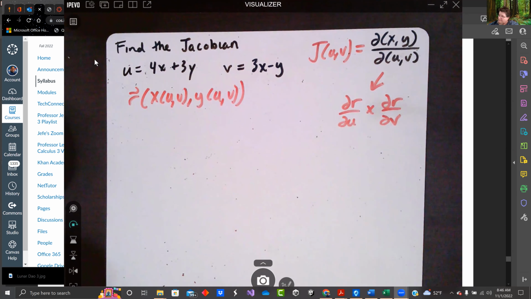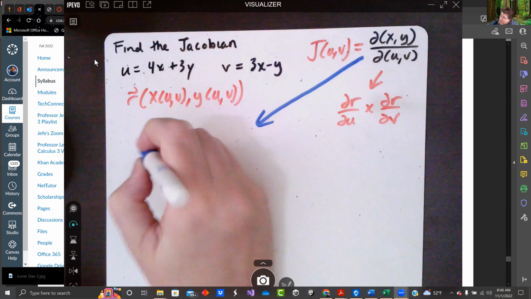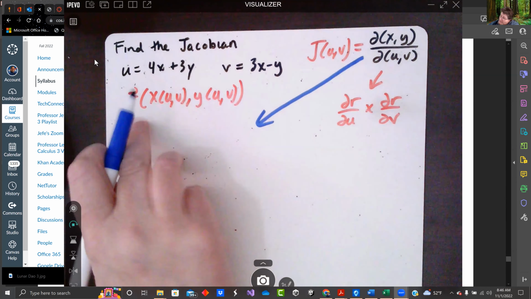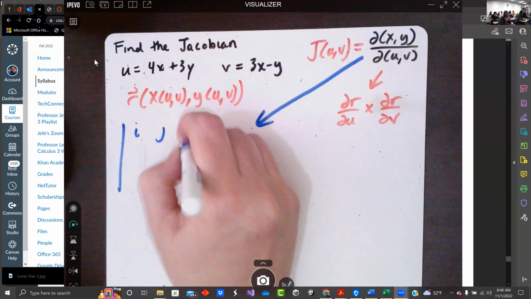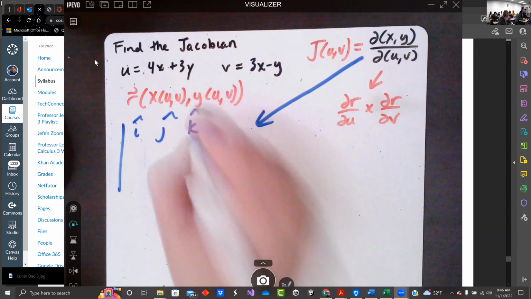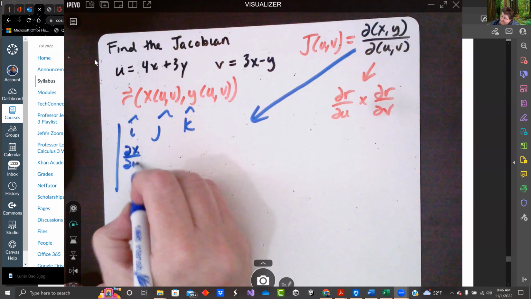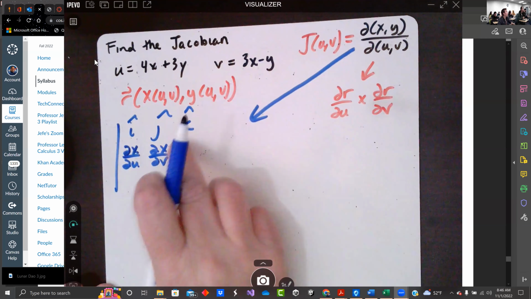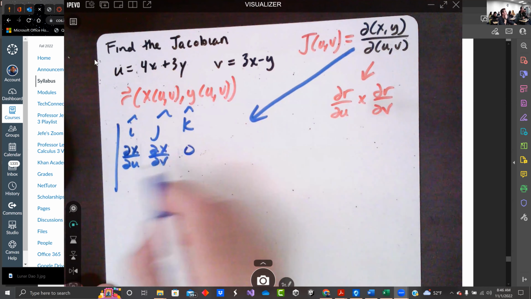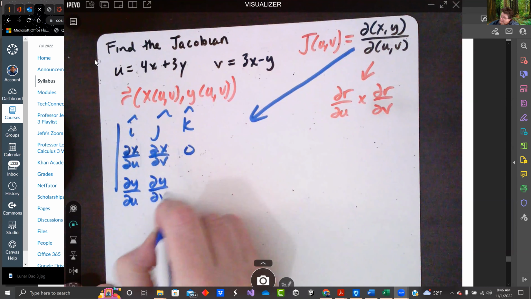An easier way to remember, at least especially the 2D one, is to write it out here. We're gonna go dx du, dx dv, 0. And then we're gonna go dy du, dy dv, 0.